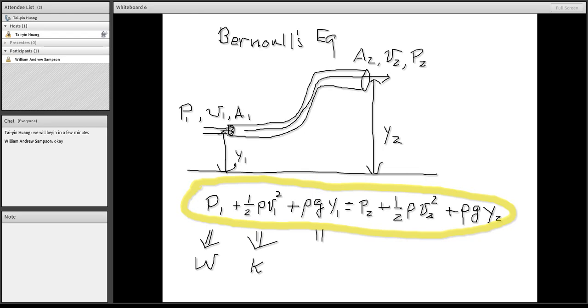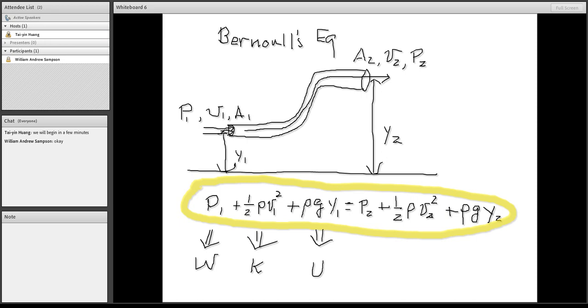For the third term, when you multiply by volume, density times volume gives you mass, so you have mgh or mgy, which gives you the potential energy. So you can see that this equation is based on the conservation of energy. You have the work done by the pressure force, the kinetic energy of the fluid, and the gravitational potential energy of the fluid.